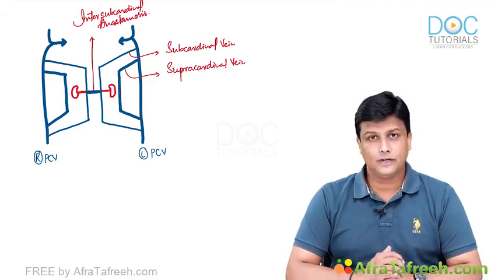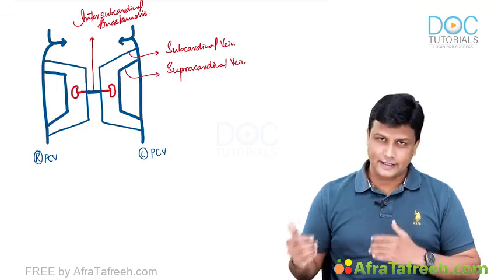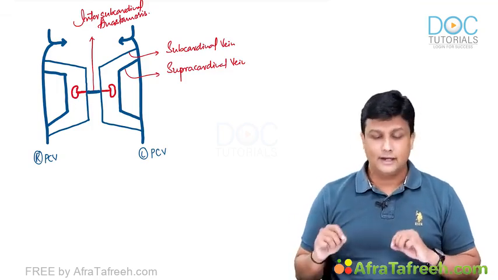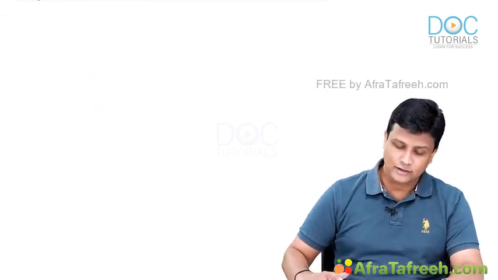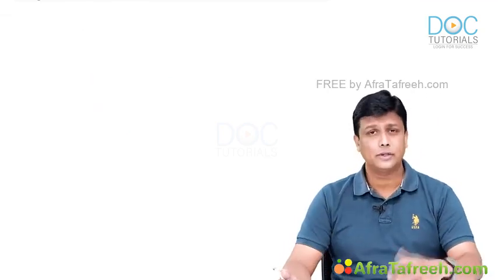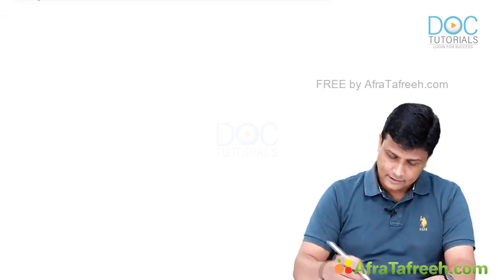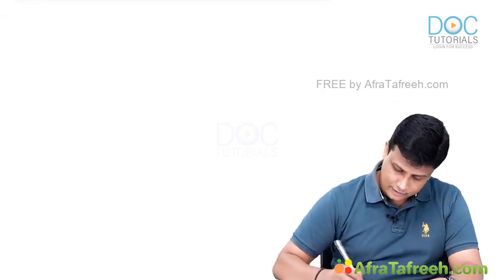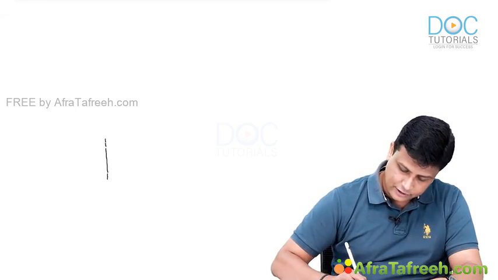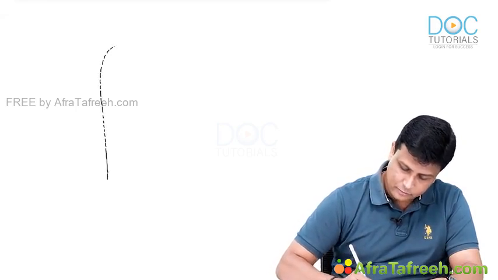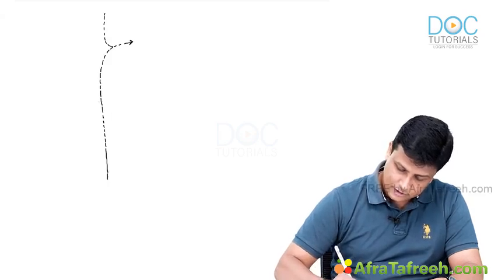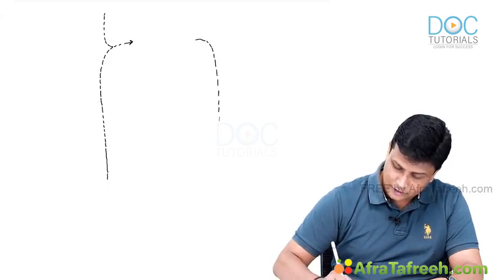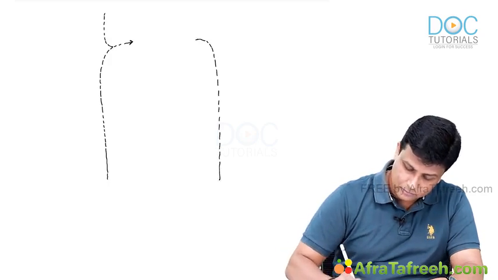To learn that, we'll draw the same diagram again, but without the names, and let us draw it in dotted lines, guys, so that we can highlight the only one thing which is actually going to remain or persist. So imagine this one here to be the right posterior cardinal vein, and this one is the anterior here, and similarly imagine this one here to be the left posterior cardinal vein.